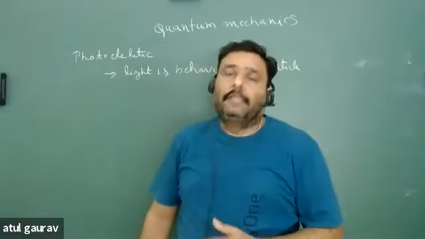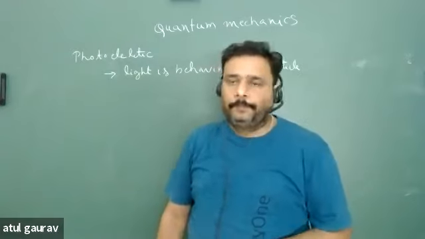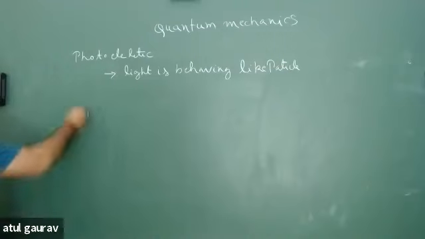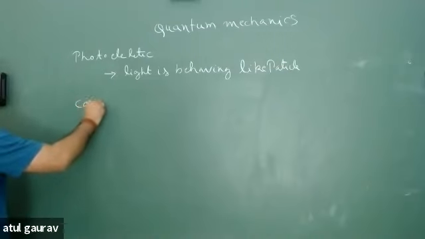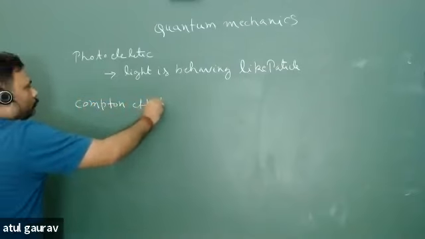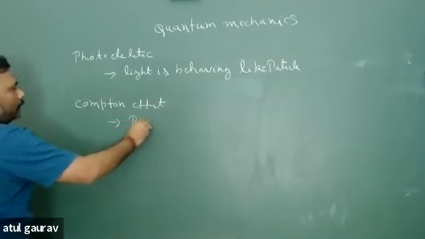But you know, light is an electromagnetic wave and it is a wave also. So this is the extra information about light. Compton effect. Again, it says the particle nature of light.